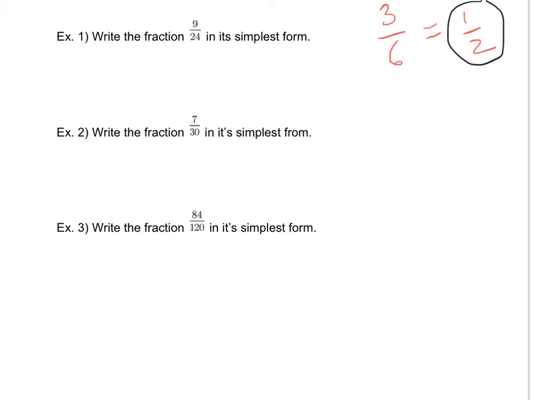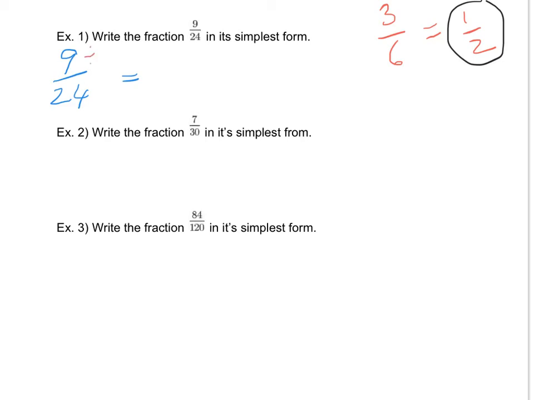So let's look at this. If we have 9 over 24 as our original fraction, how can we simplify that? Well, can you think of a number which is a factor of 9, and which is also a factor of 24? Most people will be able to see really quickly that 3 is a factor of both numbers.